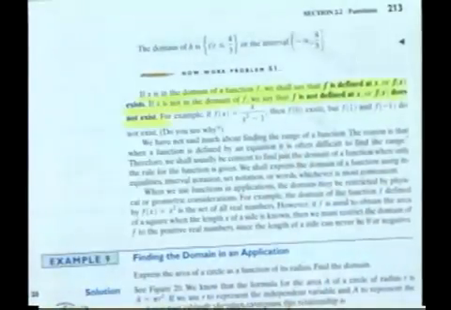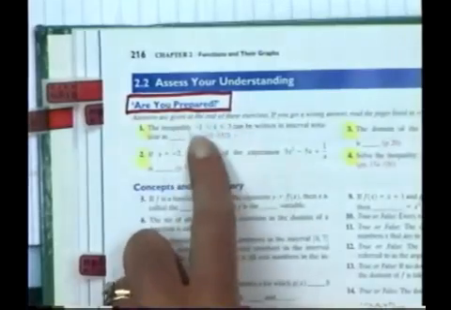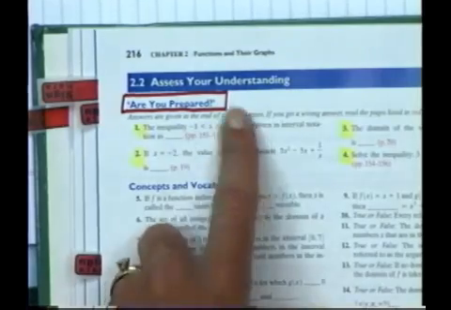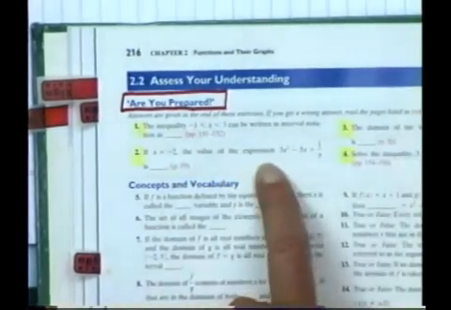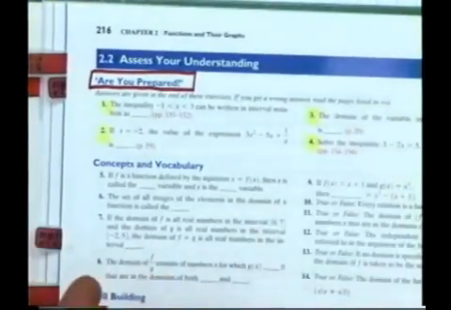See what else I wanted to point out to you. I'm in the exercises on page 216. I'm still in section 2.2. Remember the beginning of the chapter where it says, are you prepared? Here's the objectives. Well, here are a couple little exercises that went with those are you prepared?